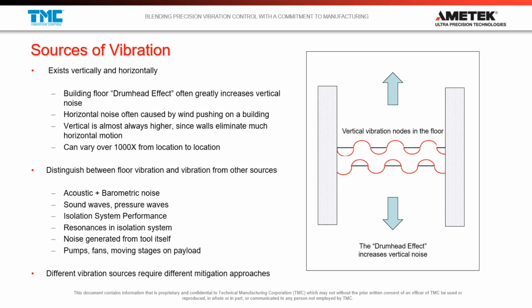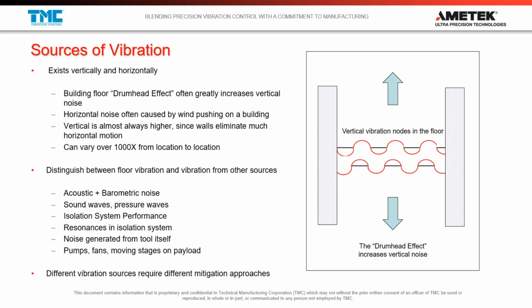So it comes from a lot of different sources, and it's sometimes hard to know exactly where it is coming from. And when you do a vibration measurement, sometimes your measurement includes some vector component of both horizontal and vertical motion.